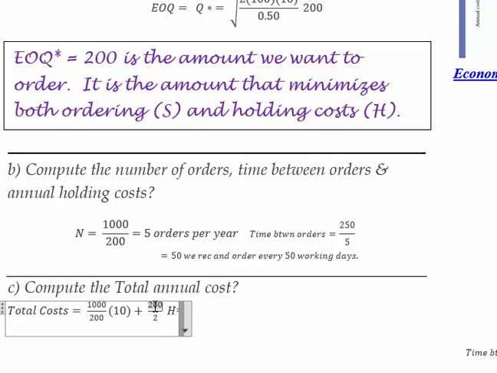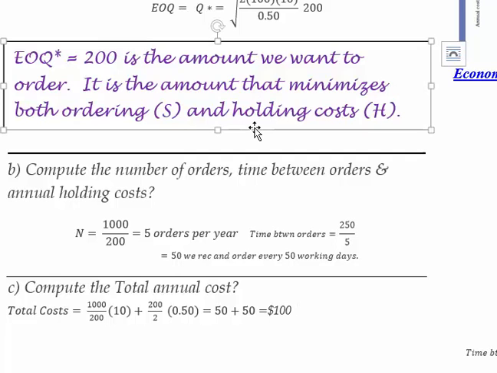And we're going to multiply that by H, which is 50 cents. And this is going to give us 50 plus 50, which is going to equal 100. So our total cost per year, without consideration of price, is going to be $100, and it's going to essentially be $100 for ordering and holding costs.